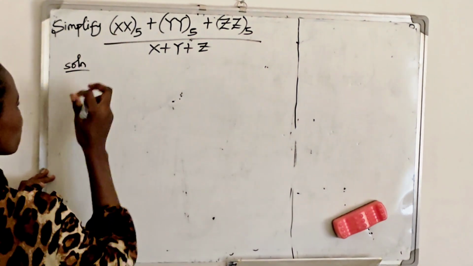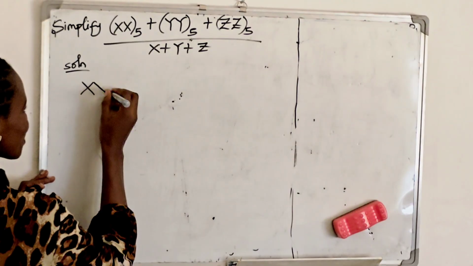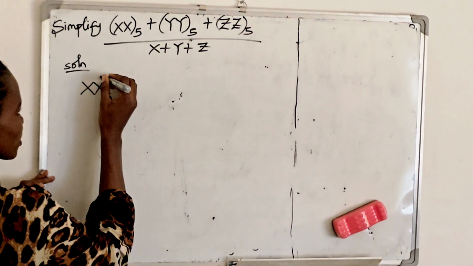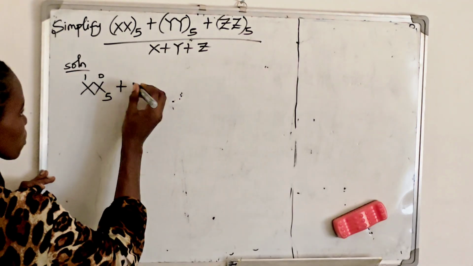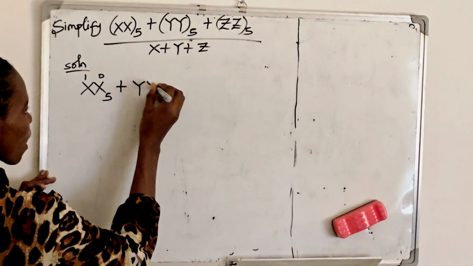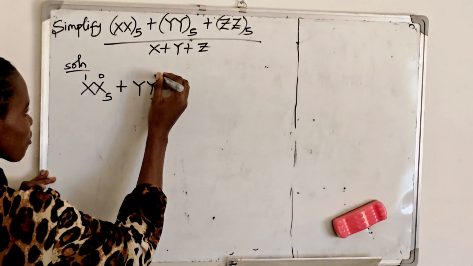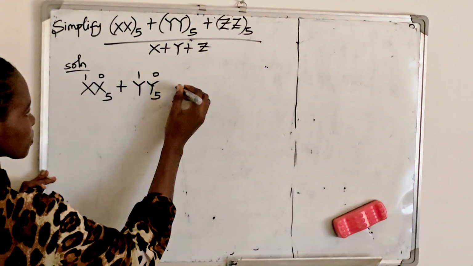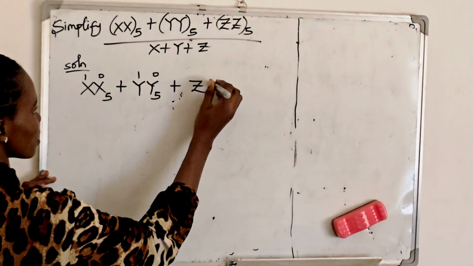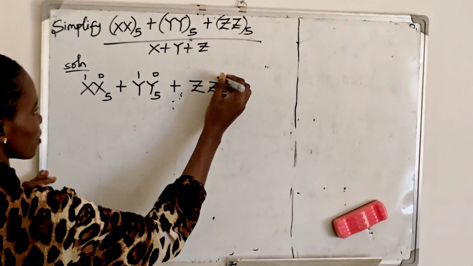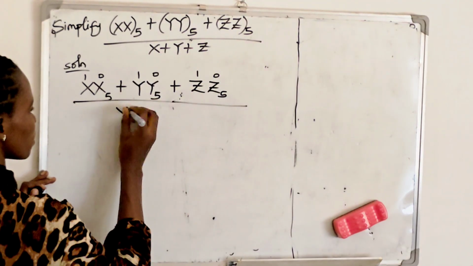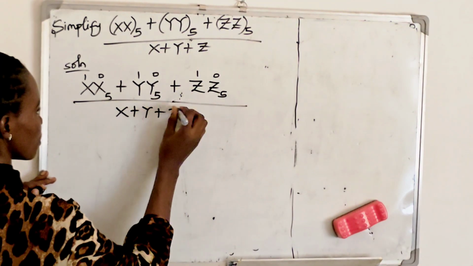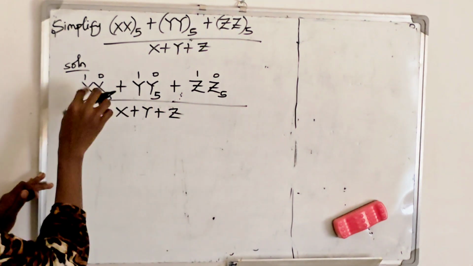So to change this to base 10, I'll do x base 5. I'll start from the back and count 0, 1. Plus this one, y base 5. Start from the back, count 0, 1. Plus z base 5. Start from the back, 0, 1. All over, leave this one, x plus y plus z. Okay, so we expand.